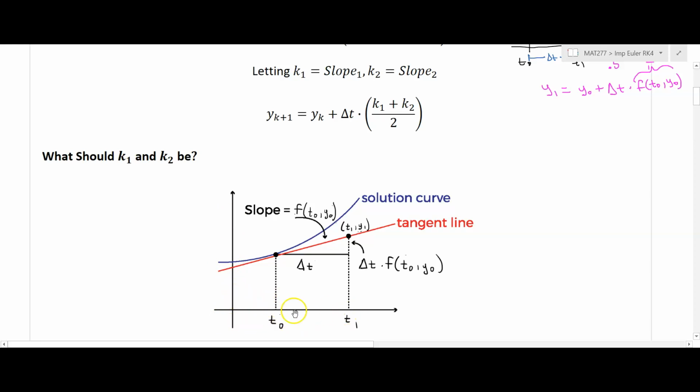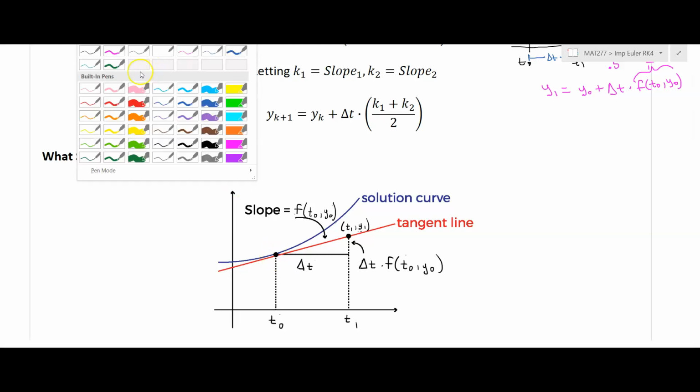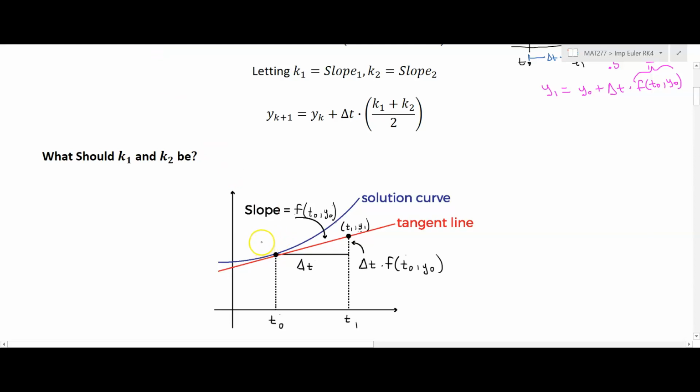It could be at any point. It doesn't really matter. Now, the slope of this tangent line is given to us by the differential equation by plugging in this ordered pair right here, which without confusion should be the point t0, y0.